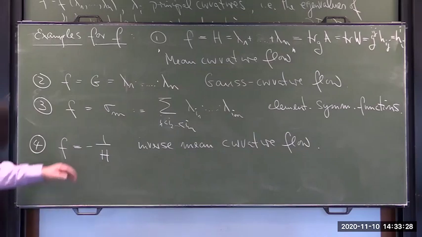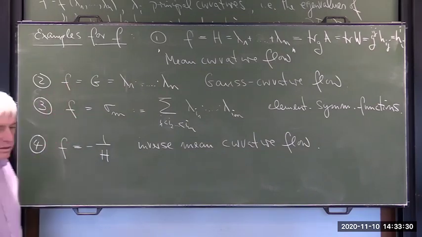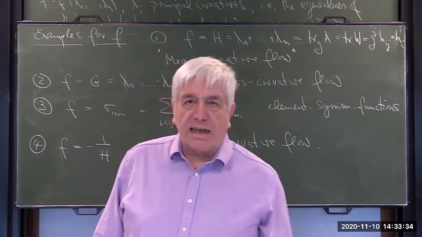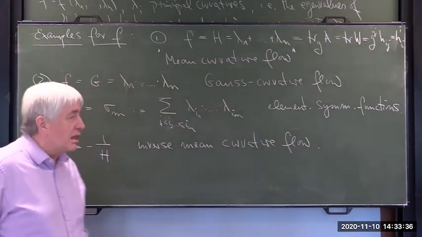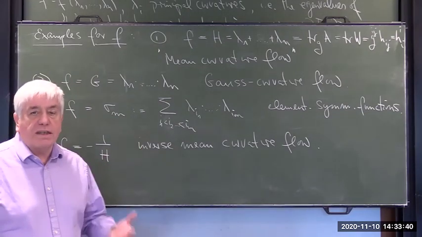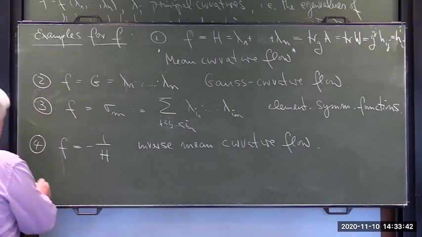Now, let me just note one thing. A very simple example in all of these flows is an example that you get when you start with a round sphere in Euclidean space.